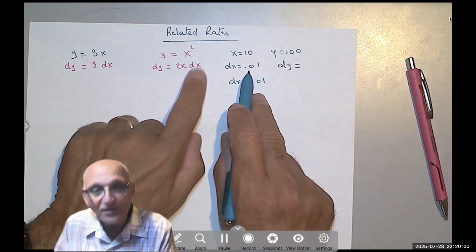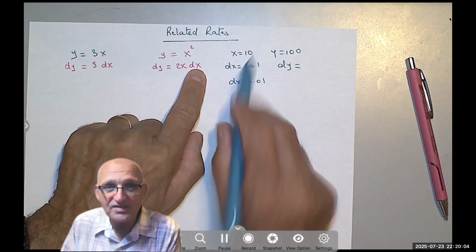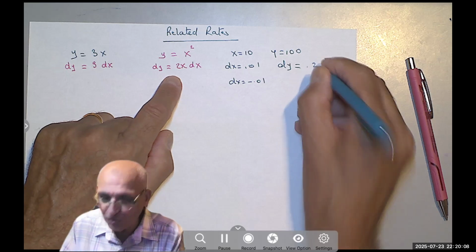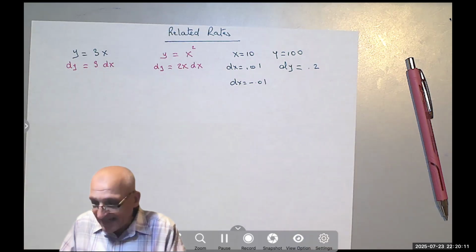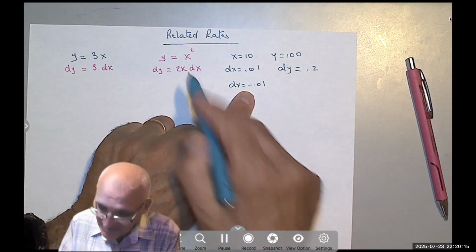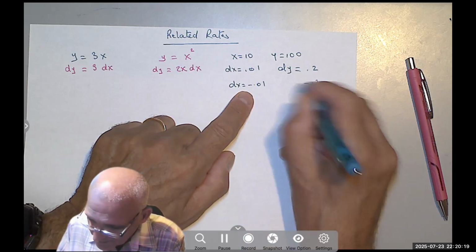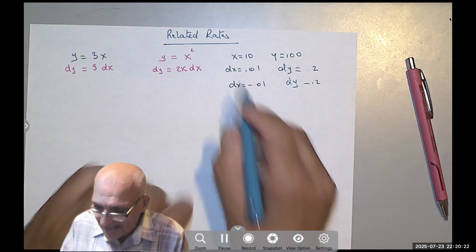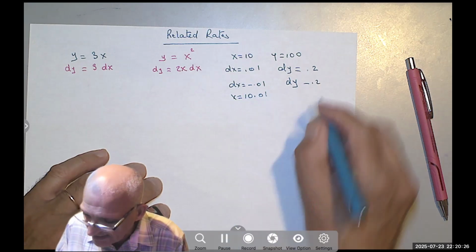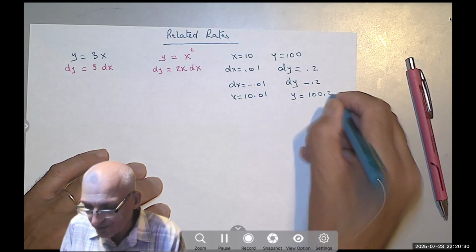The 0.01, which is dx, times x, which is 10, so instead of 0.01, it becomes 0.1, times 2, I expect it to be 0.2. And if it decreases by 0.01, times 10 is negative 0.1, times 2 is negative 0.2. Meaning, when x becomes 10.01, I expect y to be roughly 100.2, right?